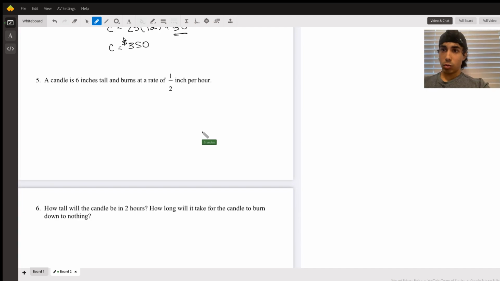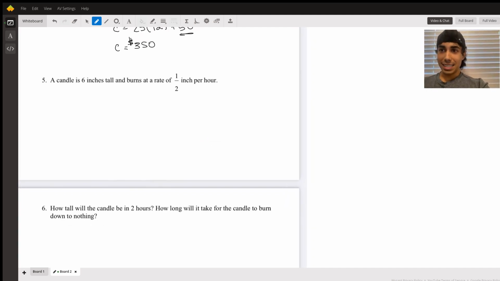All right, next one, we got a candle. It is 6 inches tall and it burns at a rate of a ½ inch per hour. So think about what is changing. Our variable this time, obviously it's not going to be cost. This has nothing to do with money. This time it's the height. The height is what's changing as time passes by. So I'm going to say the variable we're interested in is the height.